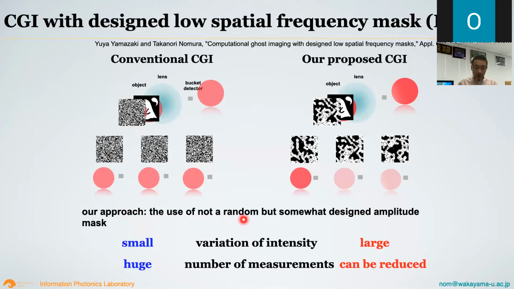So our approach uses not a purely random but somewhat designed amplitude, still random, mask. The variation of intensity is small for the conventional one, but in our approach it is large. So we expect the number of measurements can be reduced.